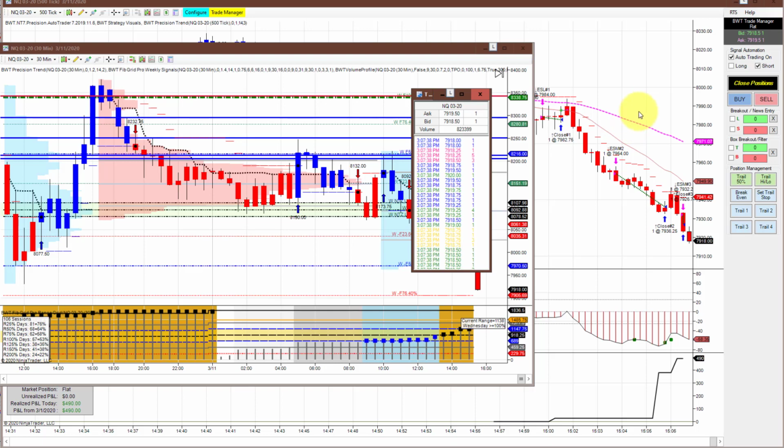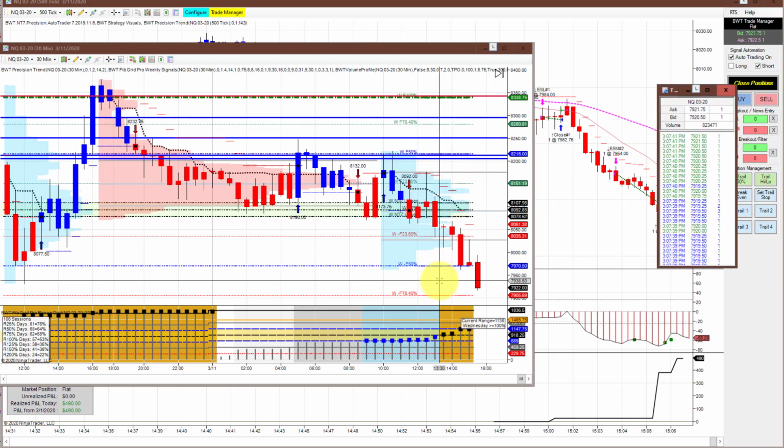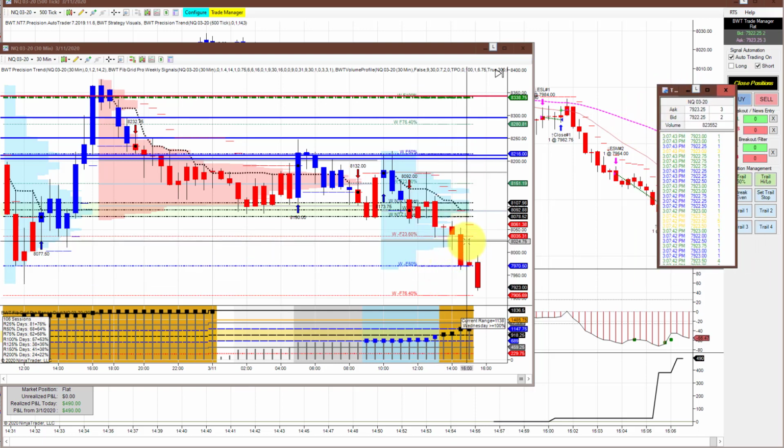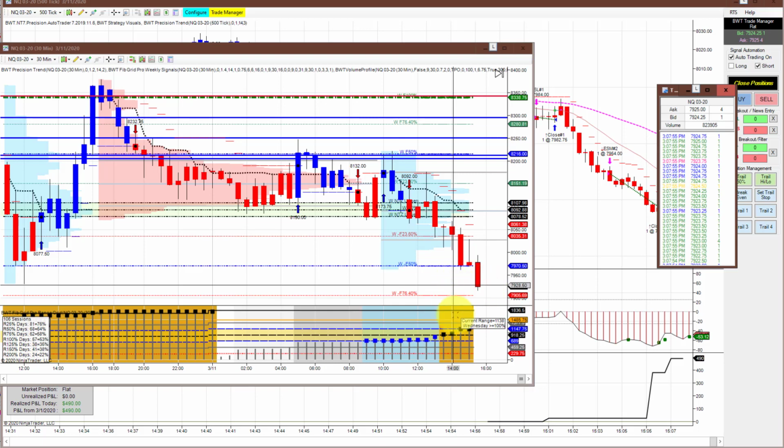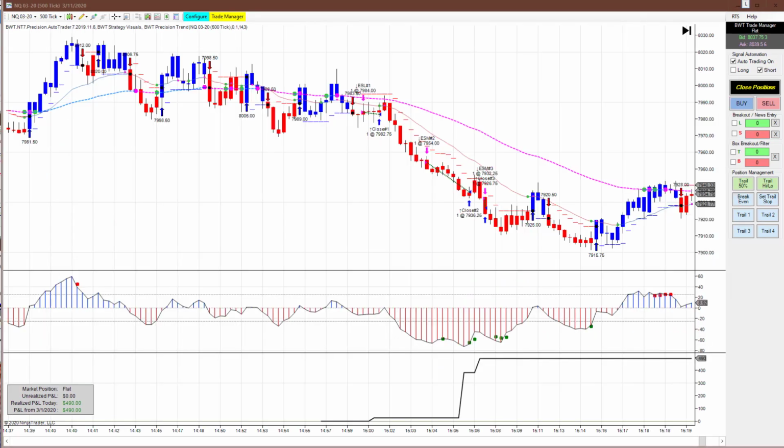Okay, so what happened over here is this 30-minute bar sold down and it broke this level. And that's why I kind of leaned on the short side, even though my entries were poor. I went for it anyway.